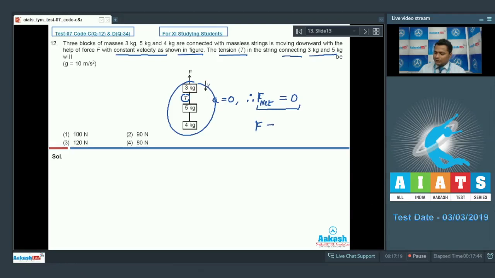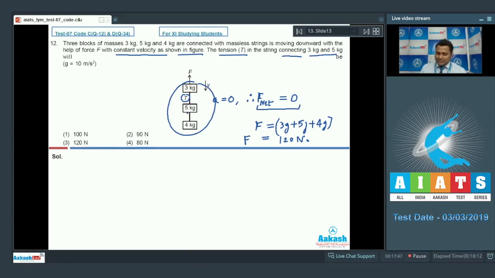That's why the total upward force, that is F, must be equal to the total weight of the system, that is 3g plus 5g plus 4g, where g is acceleration due to gravity. After putting the value of g as 10, we can get the value of force F given in the diagram as 120 Newton.